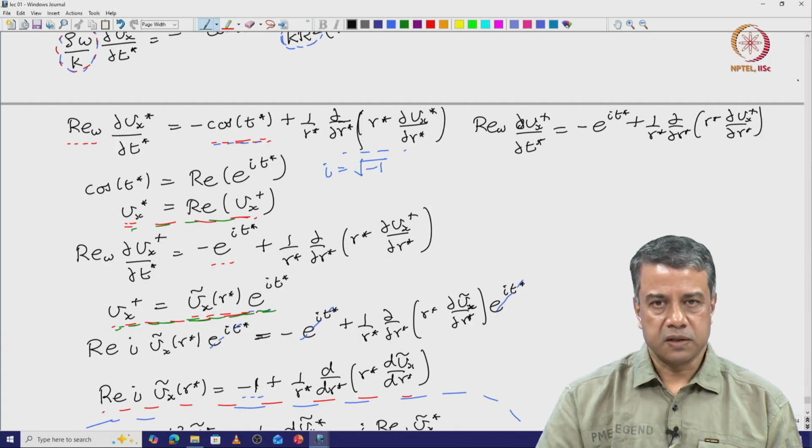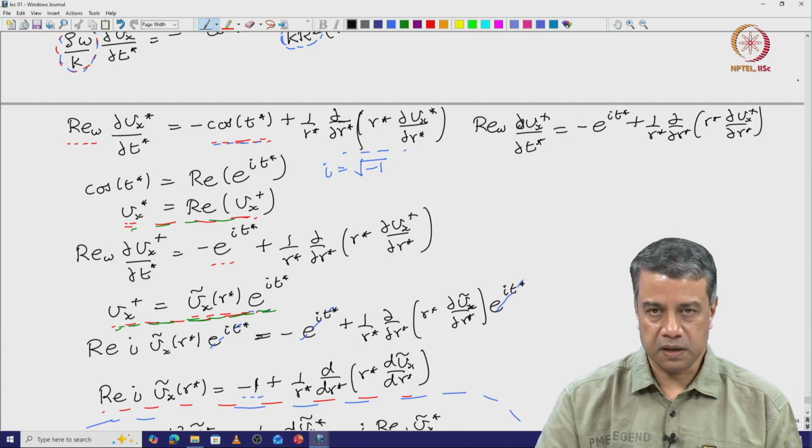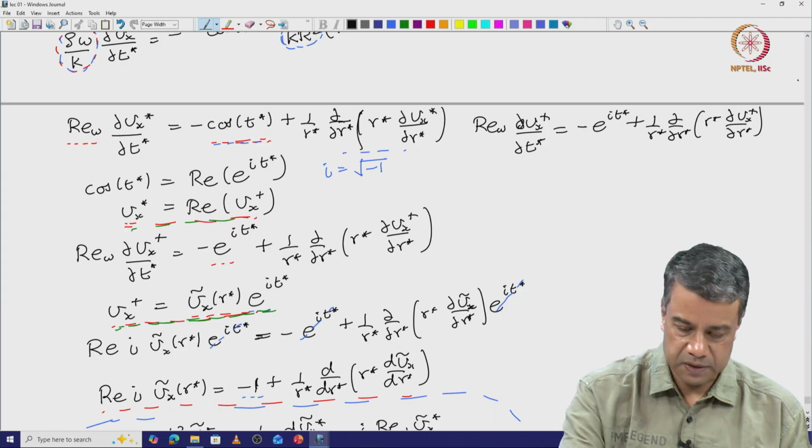So, this is an auxiliary equation, a complex equation with a complex forcing here.